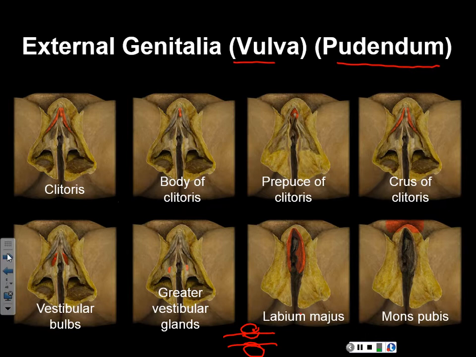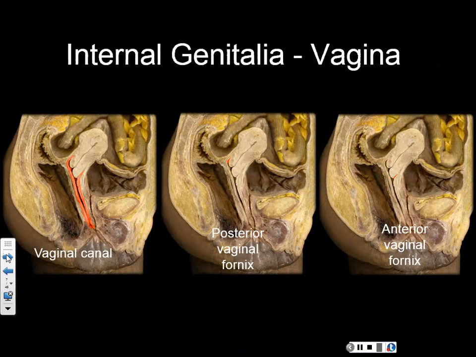Pudendum means embarrassed or to hide. So those, like the labia majora and minora, they close up and protect the female reproductive organs on the outside, the external genitalia, right? And then the crack in the middle is what is called the pudendal cleft. Okay, you know, when the labia majora are together in the female, right?